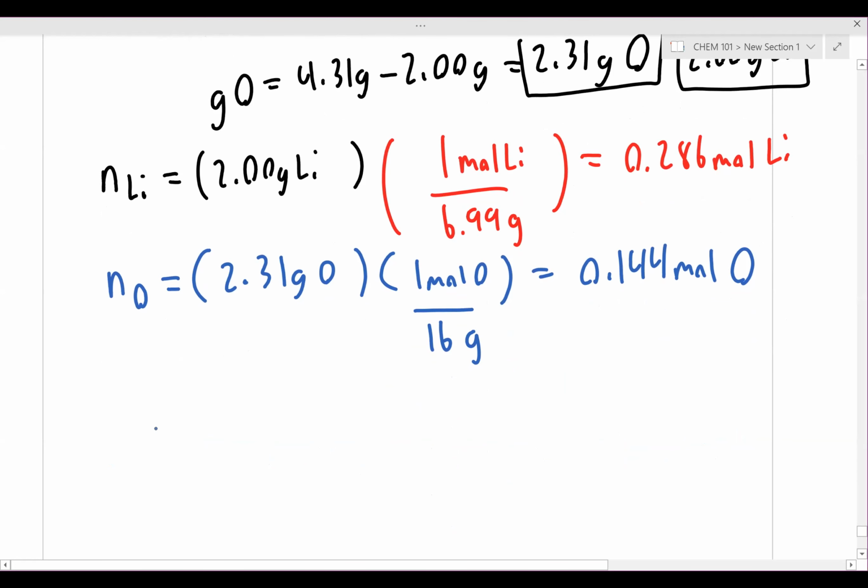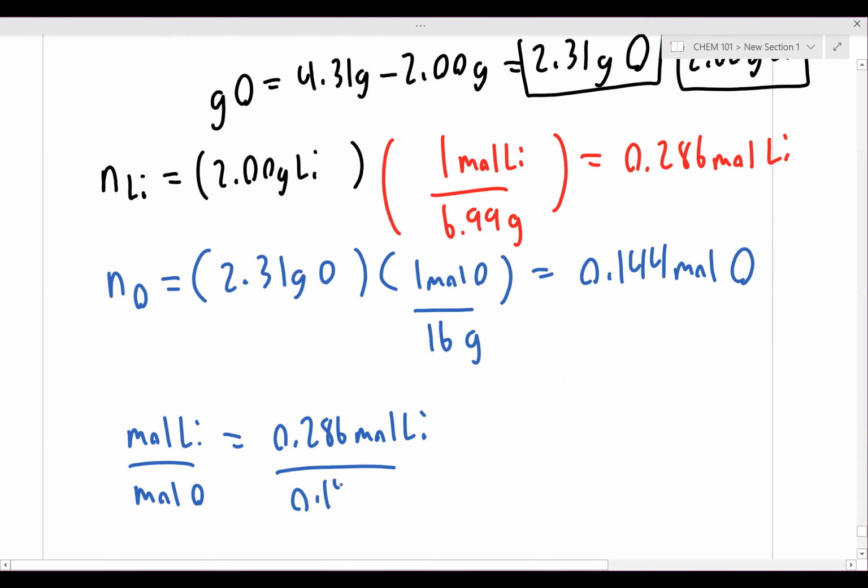Which number is larger? Moles of lithium. So let's take the moles of lithium over the moles of oxygen. We have 0.286 moles of lithium over 0.144 moles of oxygen. We end up with 2 moles of lithium over 1 mole of oxygen.